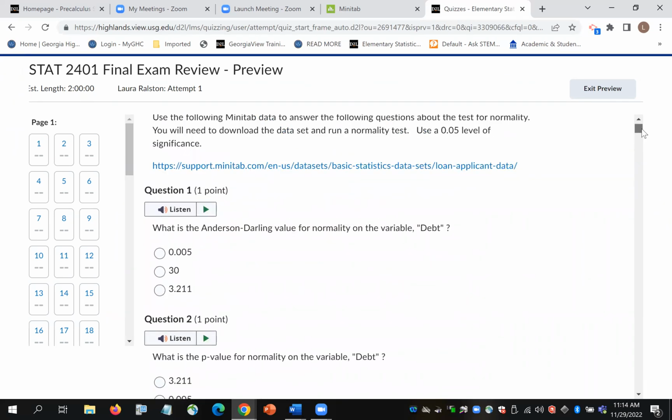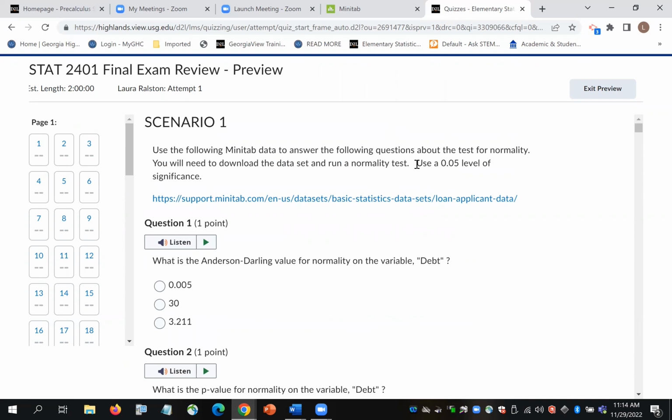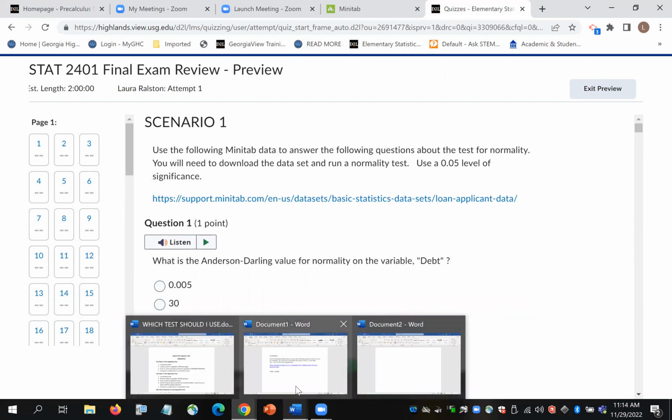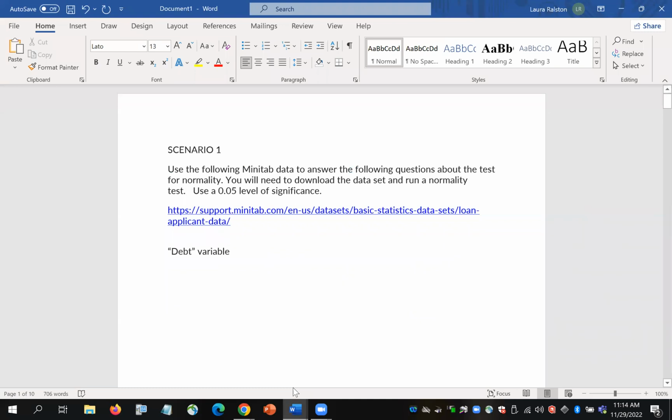But I would tell you to work through the problem first, like we do together in class, and then go back to the document in D2L and answer the questions. Because if you've written the problem out, as we've done in class, then you're going to have everything you need, and it's just a matter of transferring the information from your paper to D2L. That would be my approach, but you may choose how to do that.